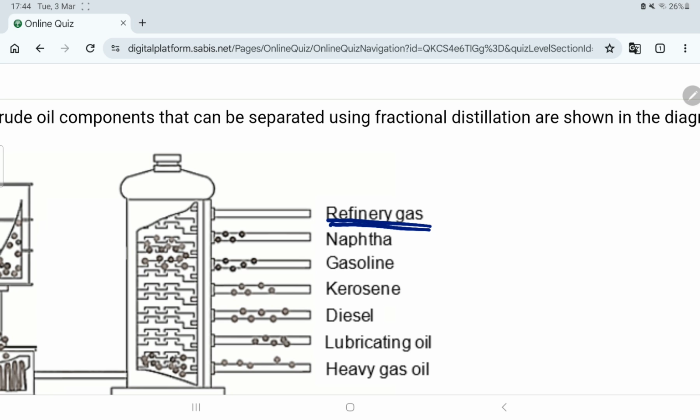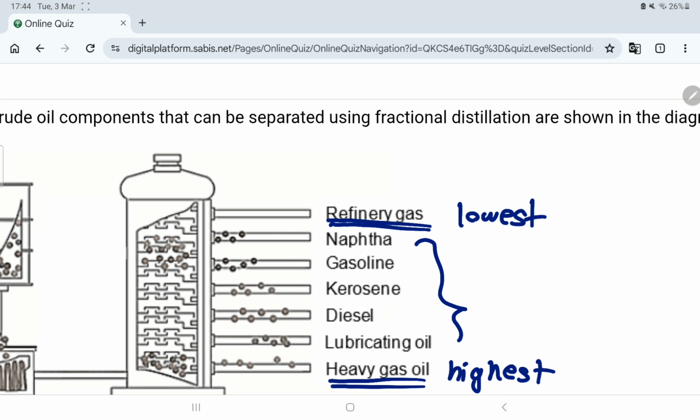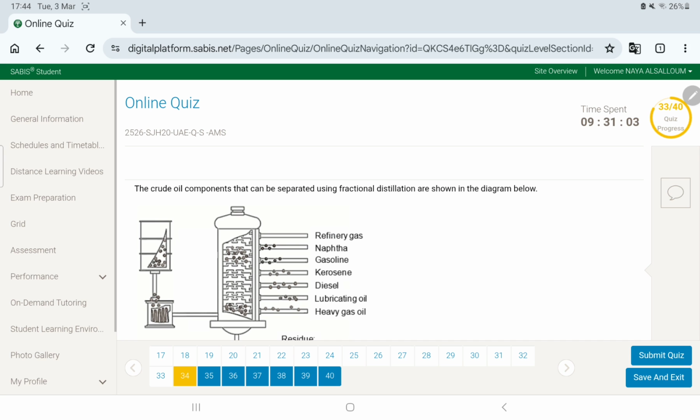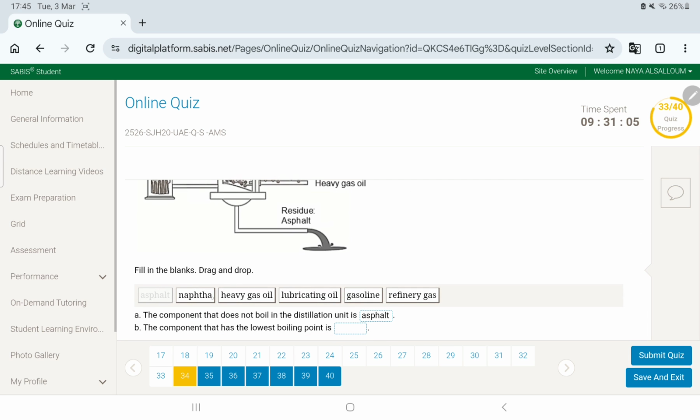If they ask you which one has the highest boiling point, heavy gas oil. So this is the highest. This is the lowest. And these are all, you can say, in between, so middle. Okay? So which one has the lowest boiling point? What is the one in the top? Refinery gas.